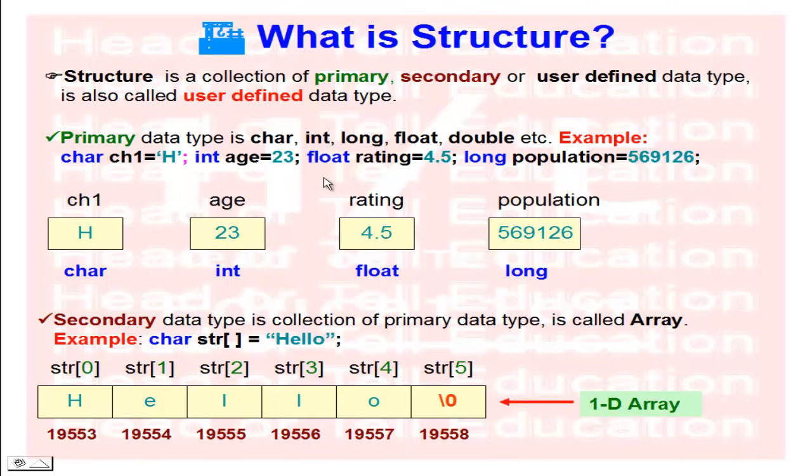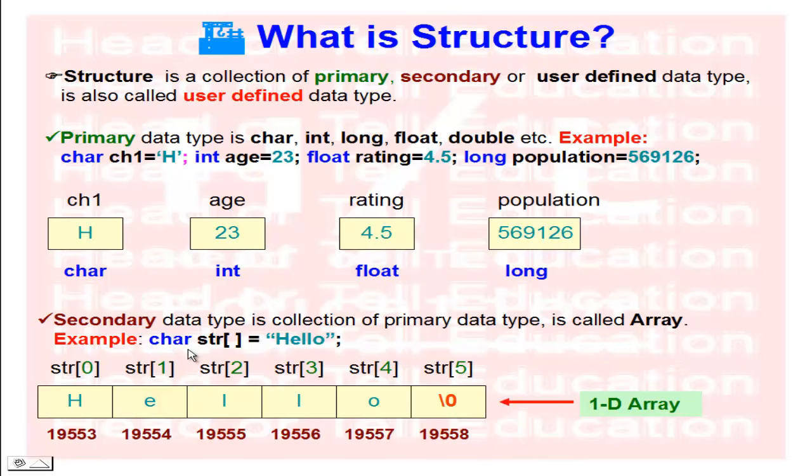Now if we want to store more values, that is called a secondary data type. A secondary data type is a collection of primary data types, which is called an array. If our string length is 100 or 200 or more, we cannot create a separate variable to store each value in a character variable.